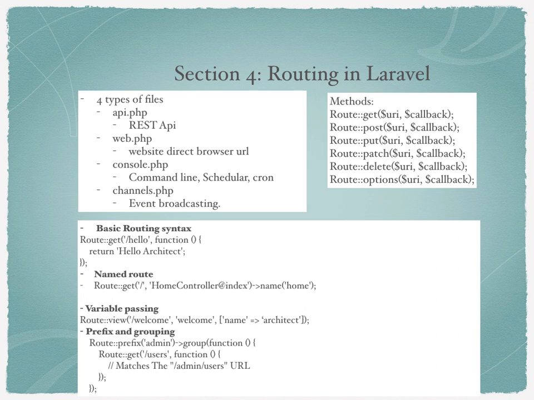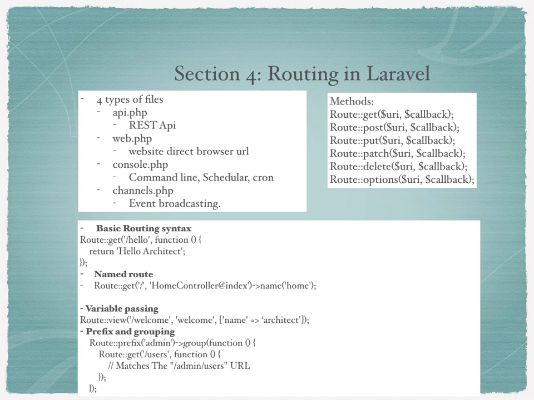We can also name a route. If we want to use the name in multiple files, then we can use this name, and it will directly give you the route over there. For example, in the given example I have given the name home.